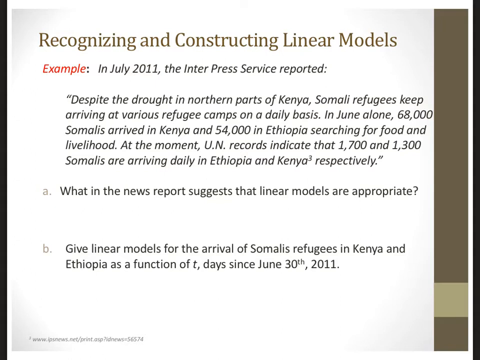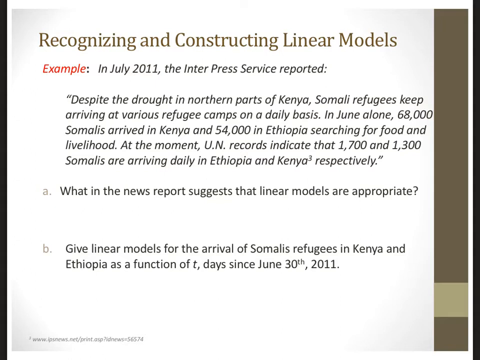We're told that as of June, there were 68,000 Somali refugees in Kenya and 54,000 Somali refugees that had already arrived in Ethiopia. And we're told that, at least according to the UN, there were 1,700 Somalis entering Ethiopia each day throughout July, and 1,300 Somali refugees arriving in Kenya.